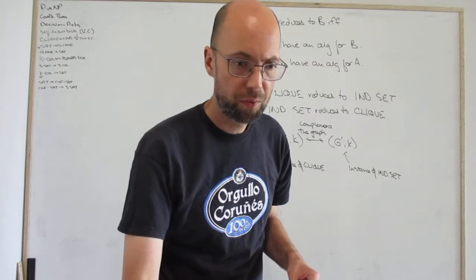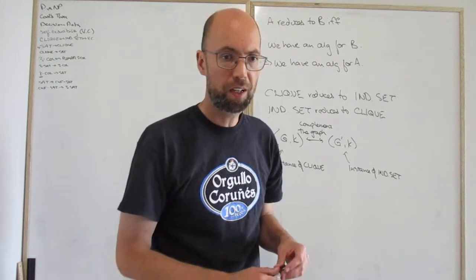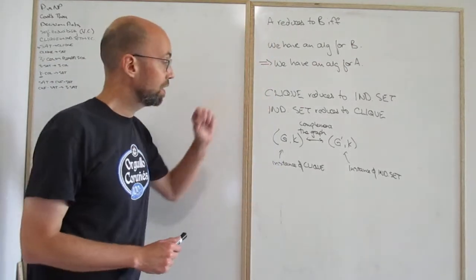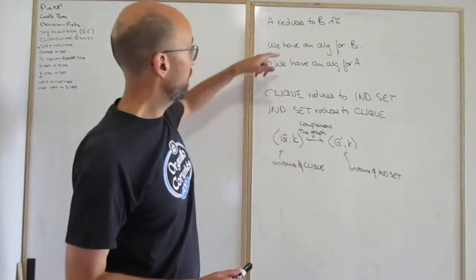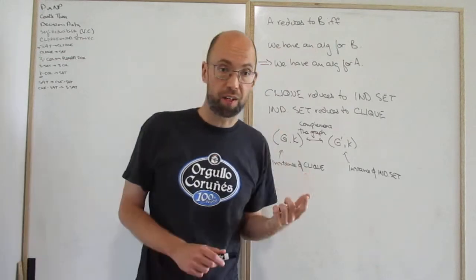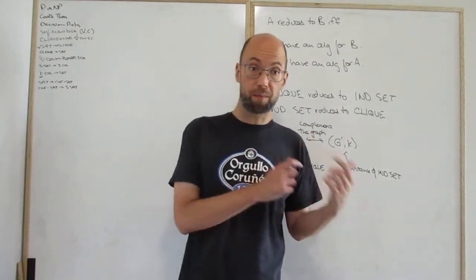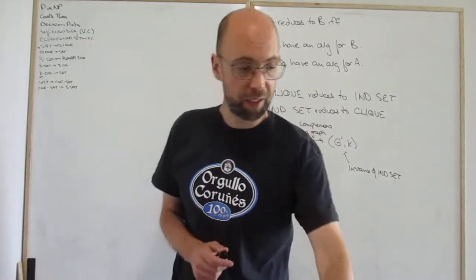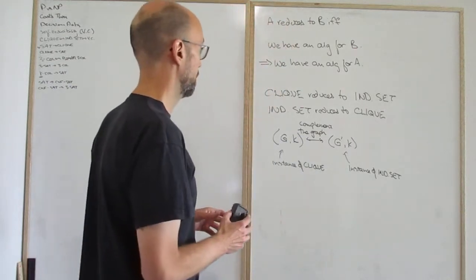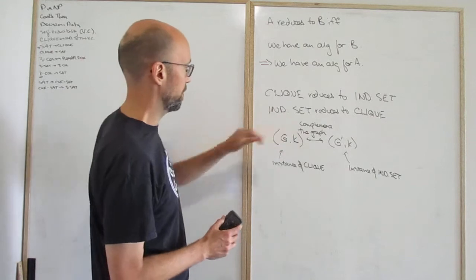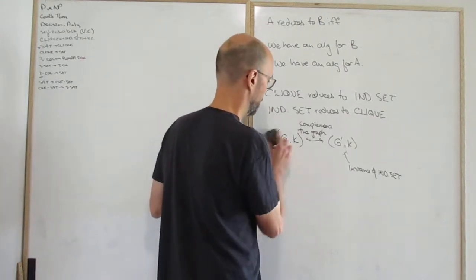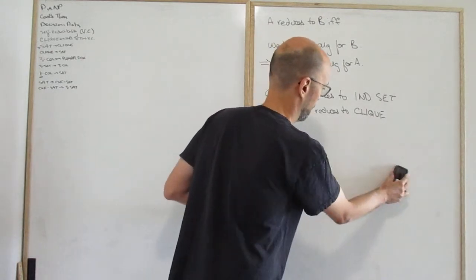No questions? People are still here? Okay. Now, it's not quite as obvious to see that independent set reduces to vertex cover and vertex cover reduces to independent set. Okay? So we believe this, right? So you just complement the graph and instances of clique become instances of independent set.